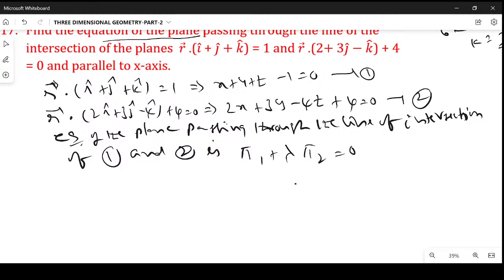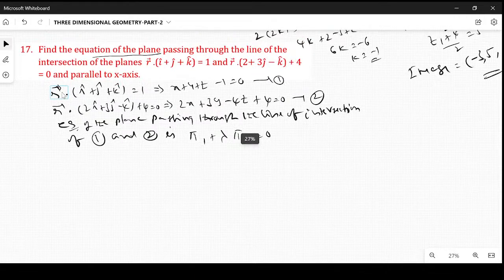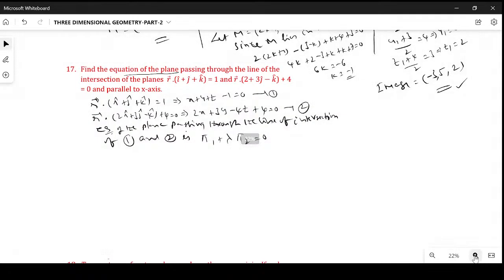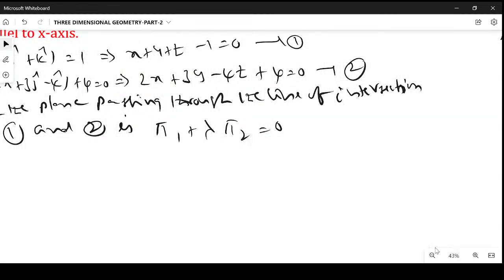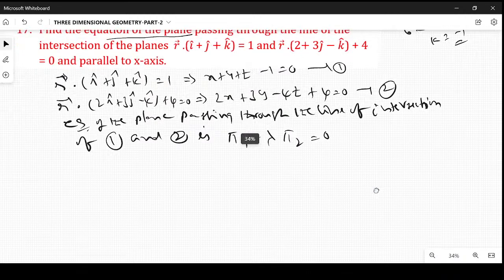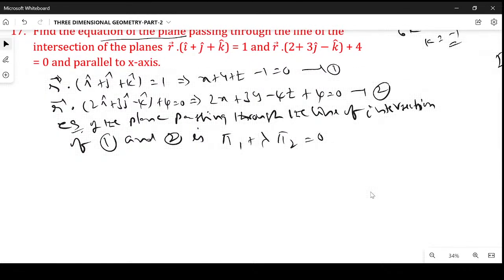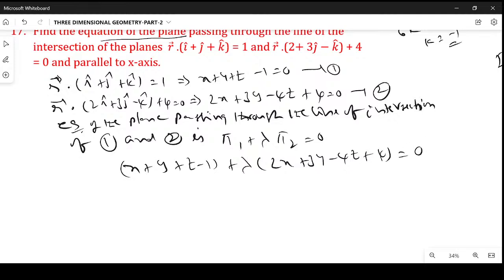We can write plane 1 as x plus y plus z minus 1, plus lambda into the other plane, 2x plus 3y minus 4z plus 4 equal to 0. This is the required plane.